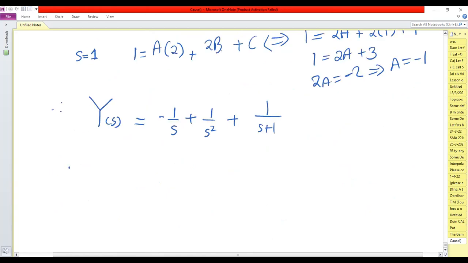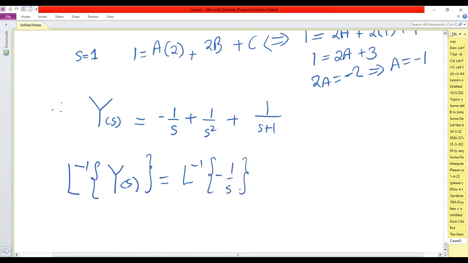So taking the inverse transform on both sides, we get the inverse of -1 over s plus the inverse of 1 over s squared plus the inverse of 1 over s plus 1.